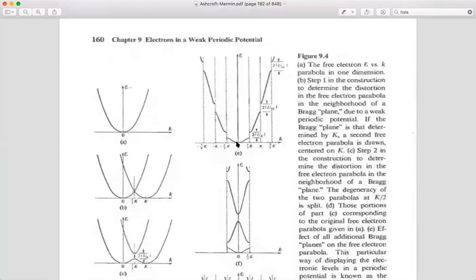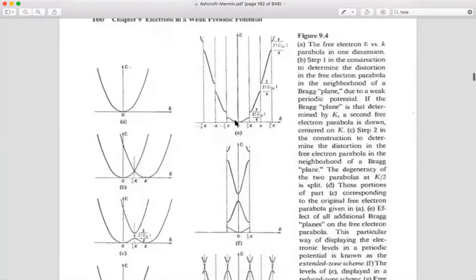So in this 1D lattice, this region from minus half G to half G is the first Brillouin zone. So I can translate these by appropriate amounts, that is, integral reciprocal lattice vectors, back into the first Brillouin zone.